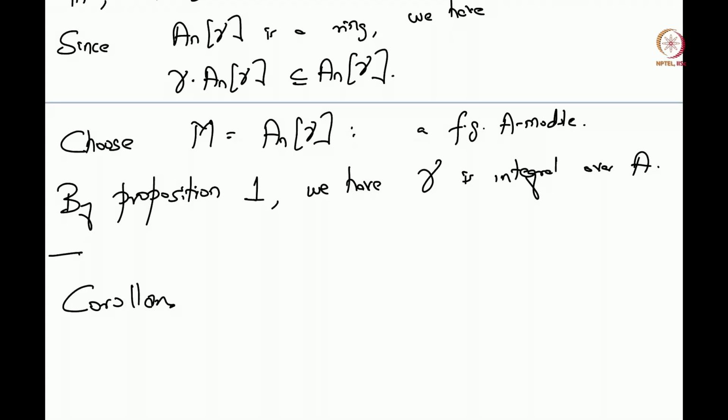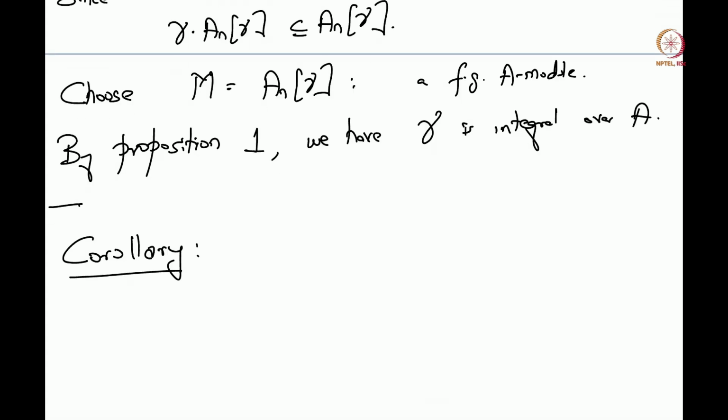So the corollary of this proposition, let's call it corollary 4. So I have O_A and I have O_{O_A}, these are equal.